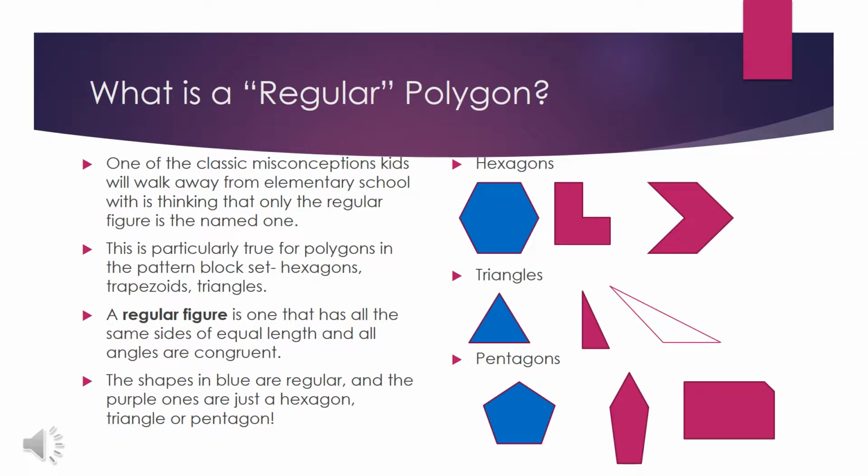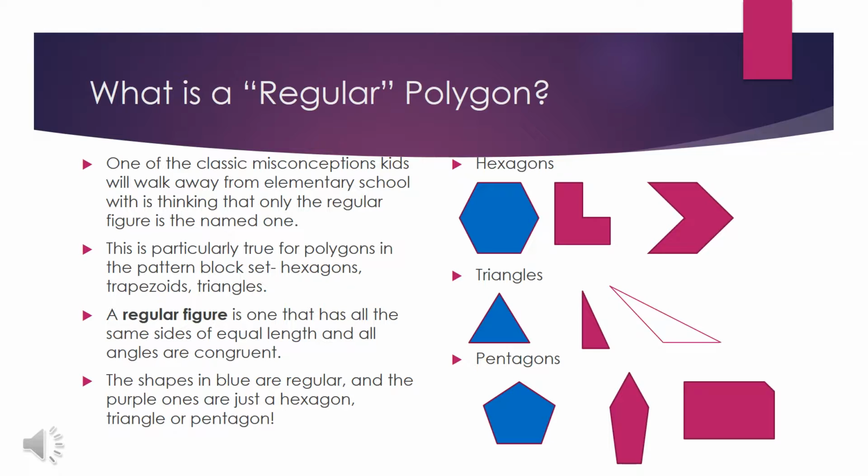They're congruent. So on this page, the blue figures are a regular hexagon, regular triangle, and regular pentagon. And a lot of times kids think that those are the only shapes that have those names. So they would not name these figures in purple as being hexagons, triangles, or pentagons.